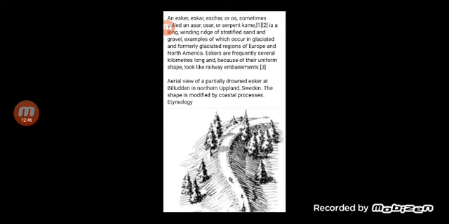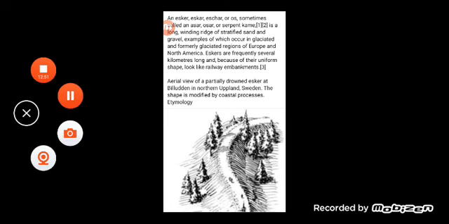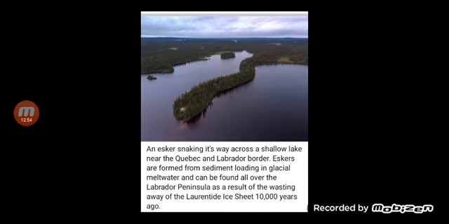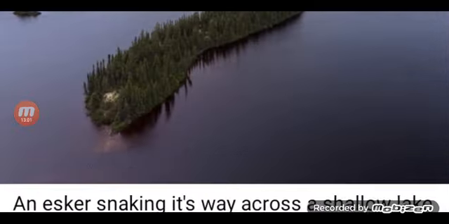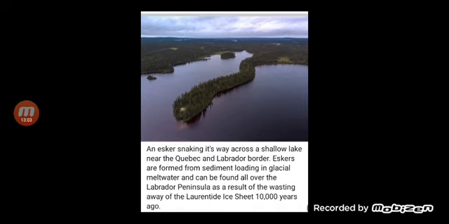Like this is an aerial view of a partially drowned esker in Sweden. Like you can think it's a snake. Literally, it looks like a snake. Do you like it? Oh, it looks like the head of a snake. So that's an esker. Esker was a ridge.